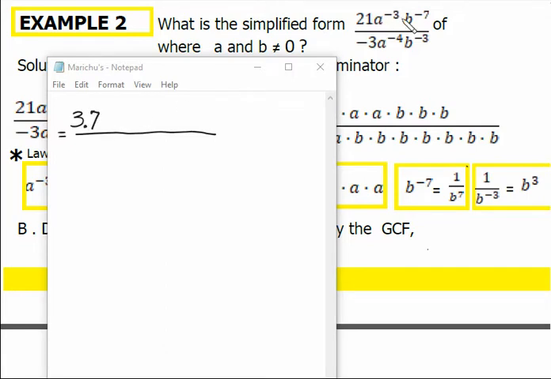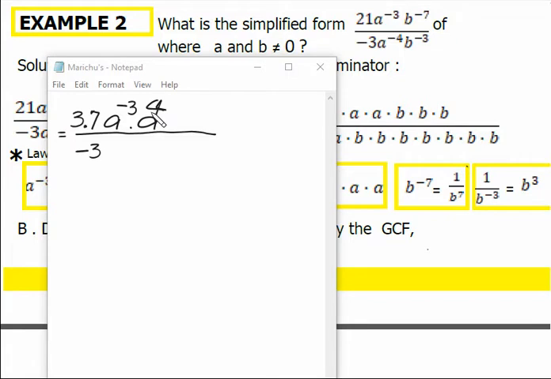Then let's just have it as it is, the a raised to negative 3. And then let me copy the negative 3 down below in the denominator, because I will make the a raised to negative 4 and put it in the numerator. So times a raised, it becomes positive here.